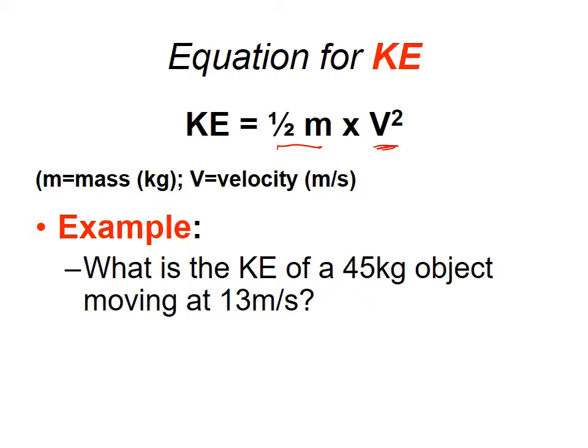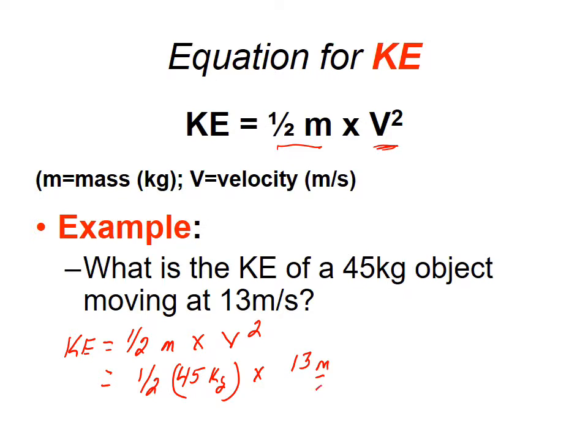So again, we would have the equation. Kinetic energy is equal to 1/2 the mass times the velocity squared. So we would have 1/2 the mass here of 45 kilograms times the velocity squared, which would be 13 meters per second, and the whole thing is going to be squared.